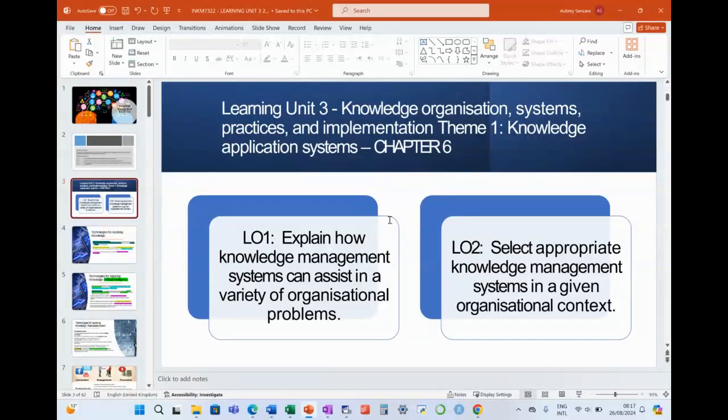But here now, they want us to explain how knowledge management systems can assist in a variety of organizational problems, and then to select the appropriate knowledge management system in a given organizational context.